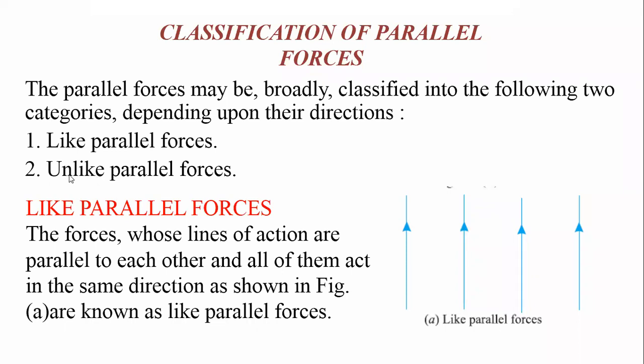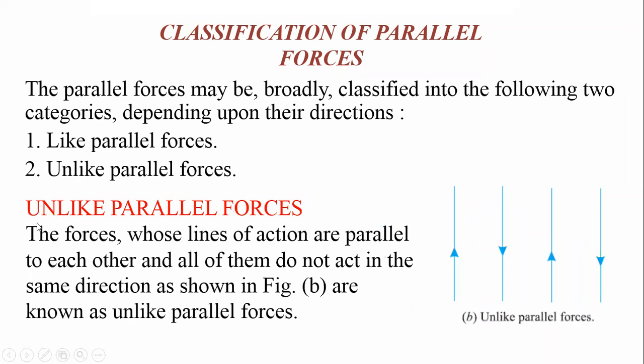There is another classification, unlike parallel forces. Unlike parallel forces means what? The forces whose lines of action are parallel to each other and all of them do not act in the same direction, as shown in figure B, are known as unlike parallel forces.